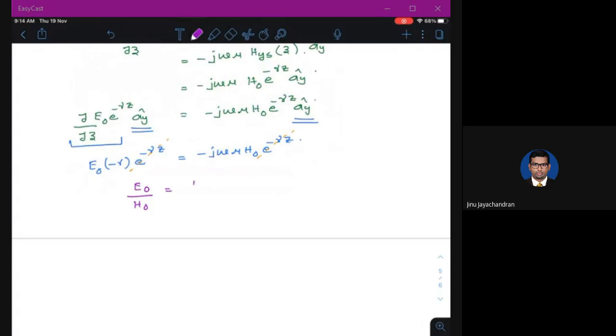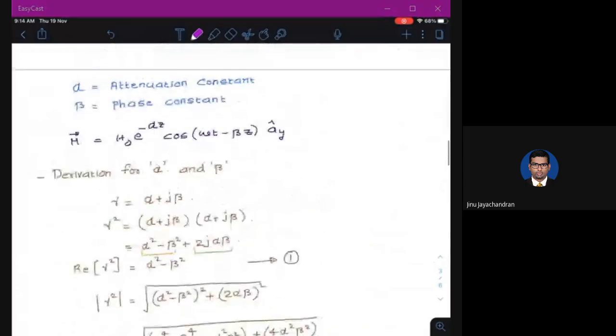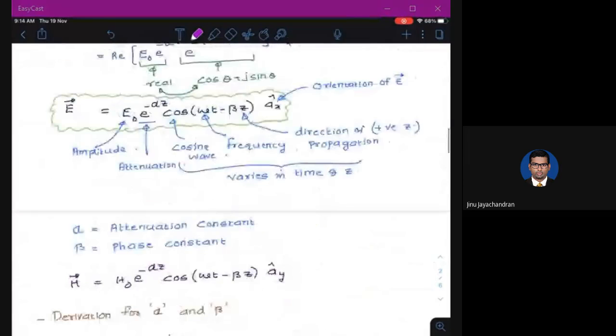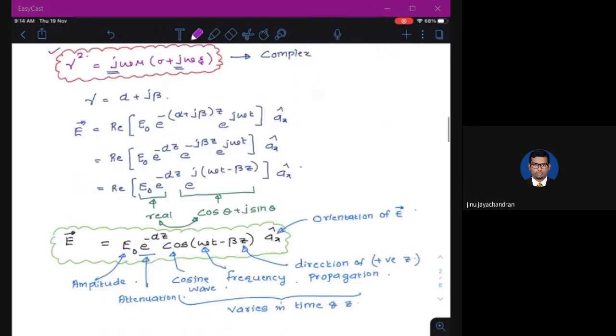This is equal to j omega mu by gamma. And you substitute the value of gamma. Gamma is the square root of j omega mu into sigma plus j omega epsilon. From where did we get this? We know the expression of gamma square here. So gamma is square root of this term, which we have written here.